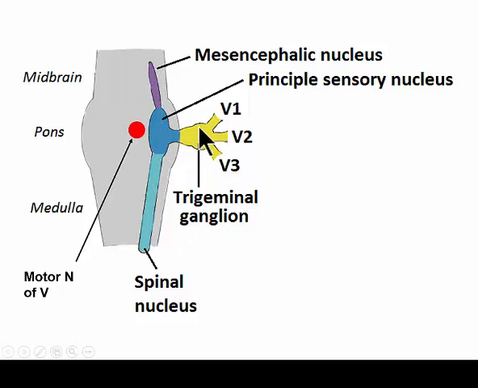Here's a trigeminal ganglia right here, right? That's going to have pseudo-unipolar cells in it right there. And there's 5-1, 5-2, 5-3 right there, right? Okay. And if we go medially, we find the motor nucleus of 5 for the muscles of mastication, etc. And remember, the same complex is repeated on the other side of the brainstem.